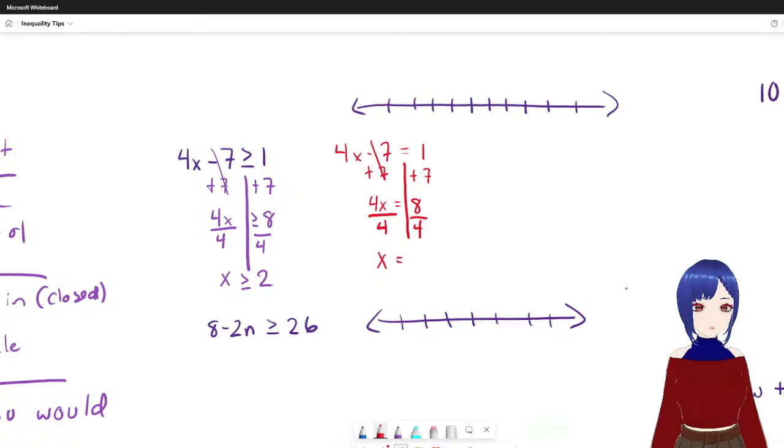x equals 2. So you'll notice here we got the same thing because it was literally the same steps. We just have one that's the inequality, which was our question, and the other one with the equal sign. That way, if you were struggling, you know what number you get.